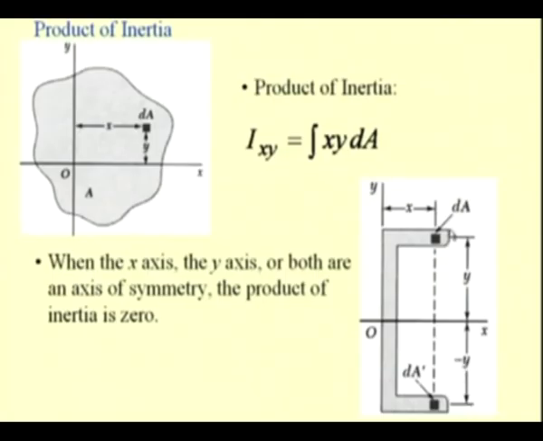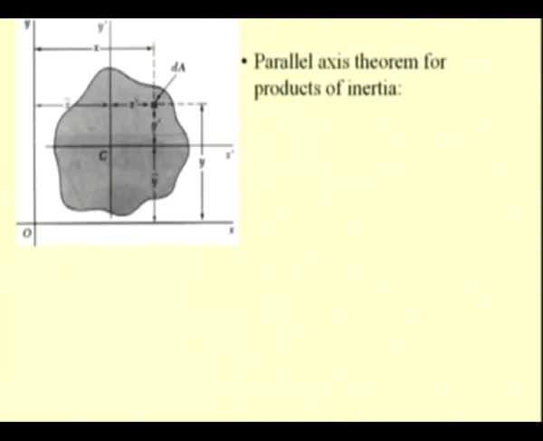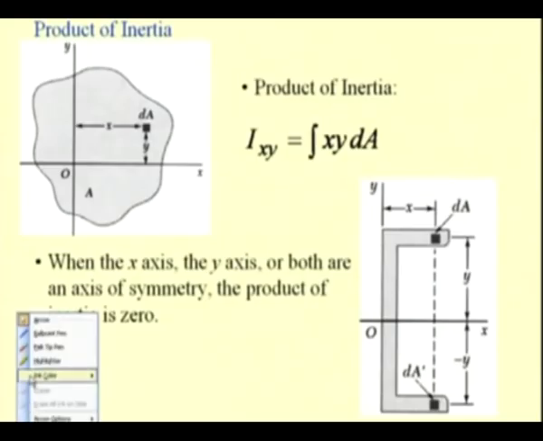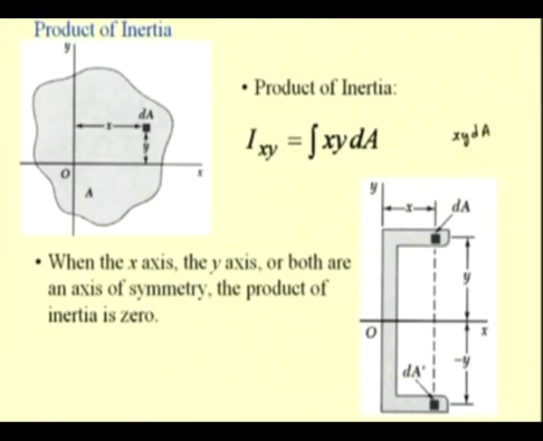So the product of inertia of this area is nothing but xy dA, and the product of inertia of this element dA prime is minus xy dA.